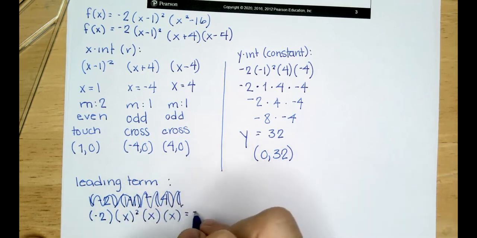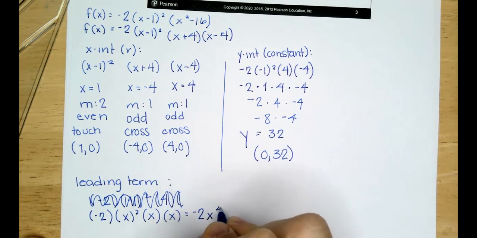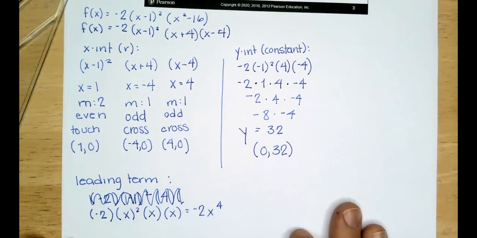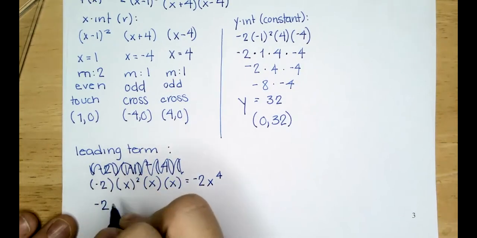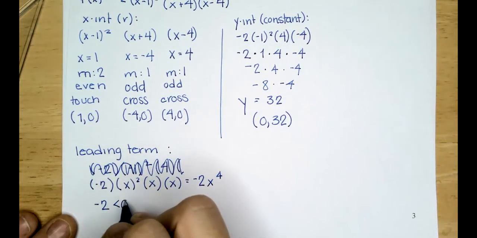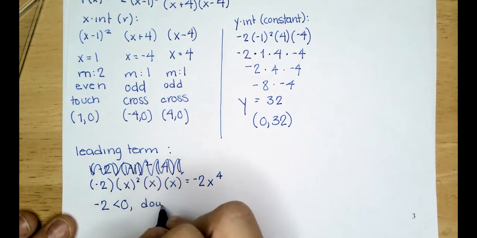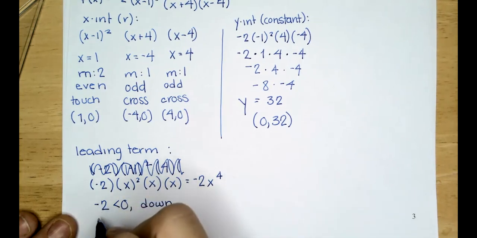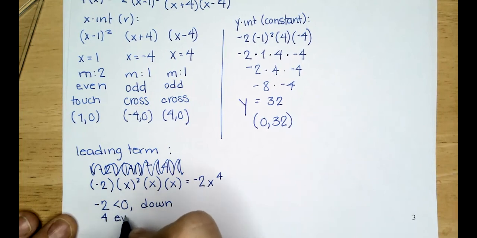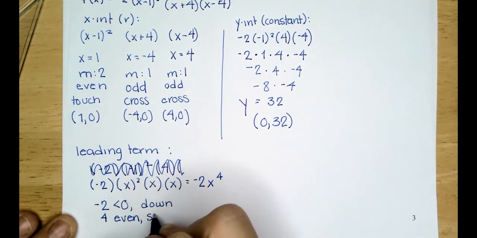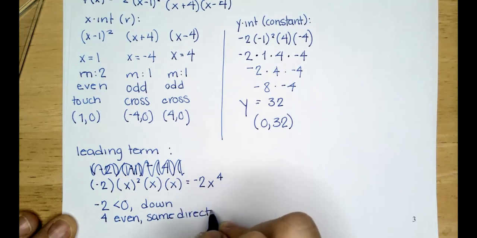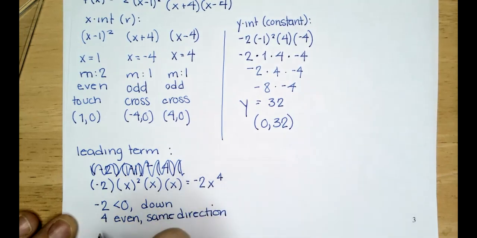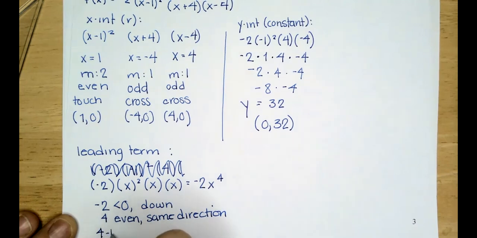So that becomes -2x to the 4th. -2 is less than 0, so it opens down. 4 is even, so they go in the same direction. And then 4 minus 1 is 3 turning points.